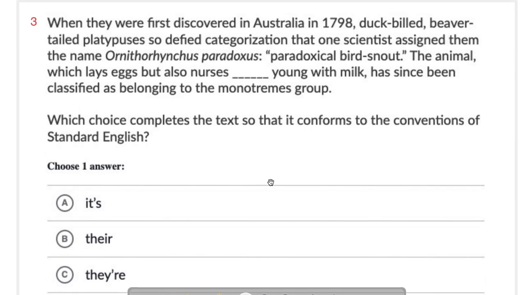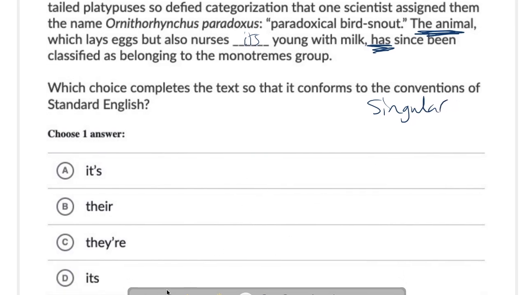Something different here. The animal, and really here the first sentence is not necessary, because the second sentence is really all we need. The animal, which lays eggs but also nurses its young with milk, has since been classified as belonging to the monotremes group. Okay, so we can tell that we have a singular as opposed to a plural.